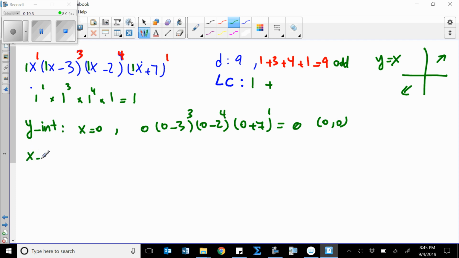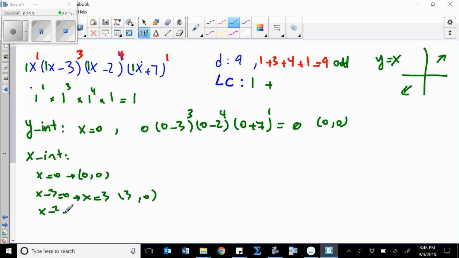Then we need to find the x-intercepts. If your polynomial is in factored form, it's much easier to find the x-intercepts. So you set each factor equal to 0. The first factor is x, so x equal to 0, and (0, 0) is my x-intercept. The next one, x minus 3 equal to 0, so x will be 3, and (3, 0) is my x-intercept.